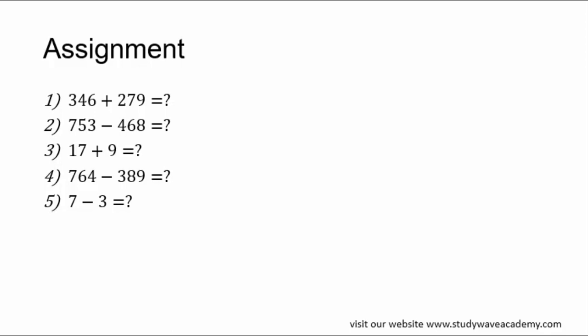Easy, right? Yes, it's easy. Then we have 764 minus 389. Very easy because we learned it in our previous examples. Then we have 7 minus 3. They are all easy equations for us to solve, right? And we'll be able to solve them.